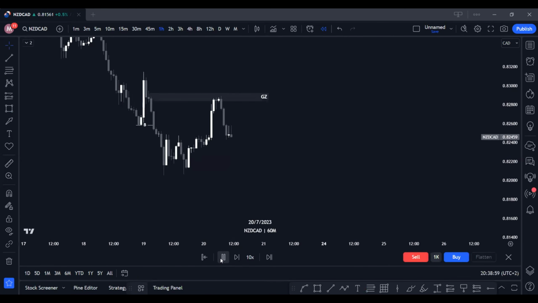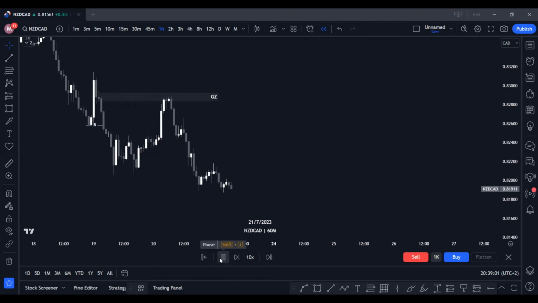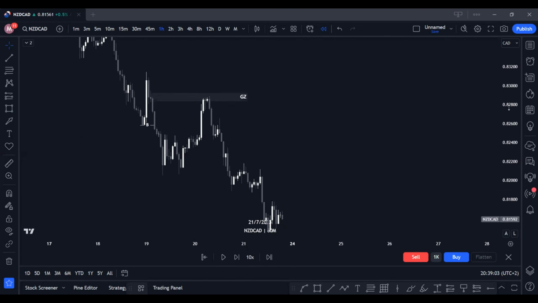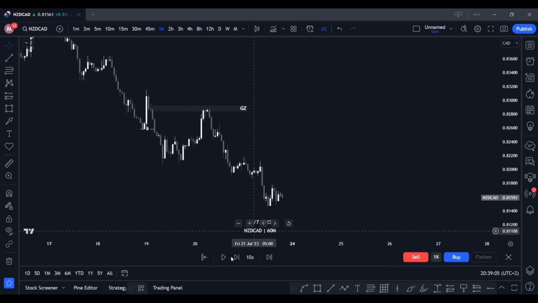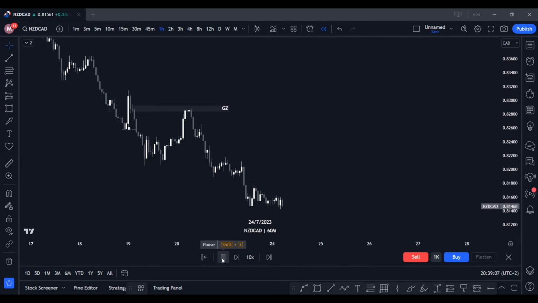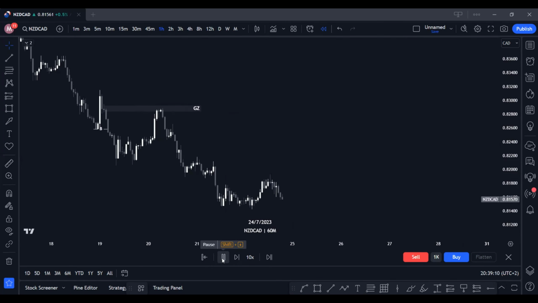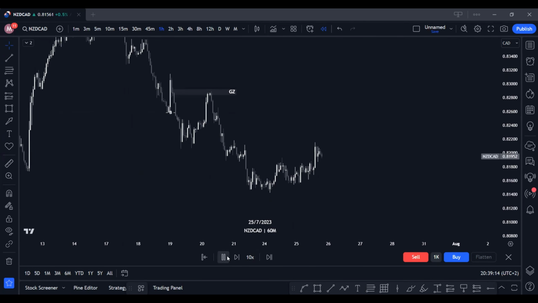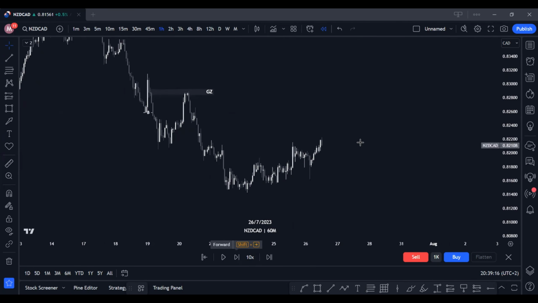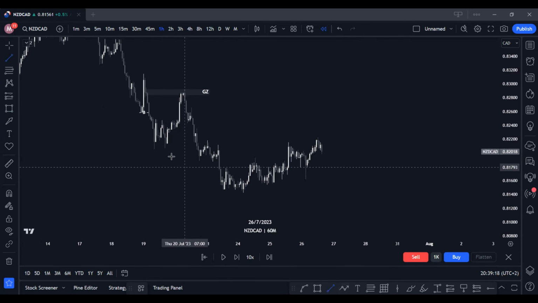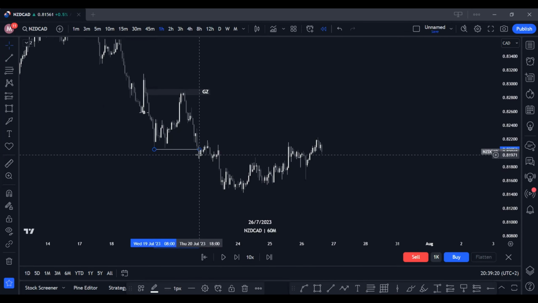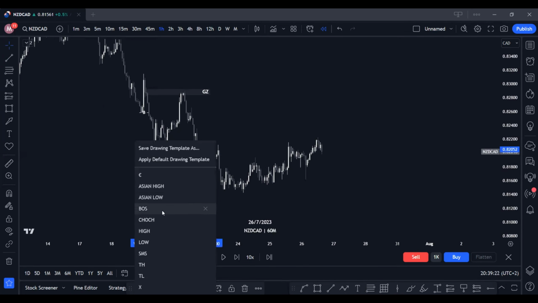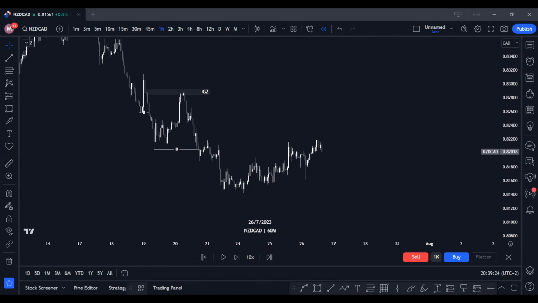So now let's play price. As you can see, price there pushes to the downside, smashing our take profit. Let's just see what price does next. Ultimately right now we have this break of structure here, and this break of structure here.